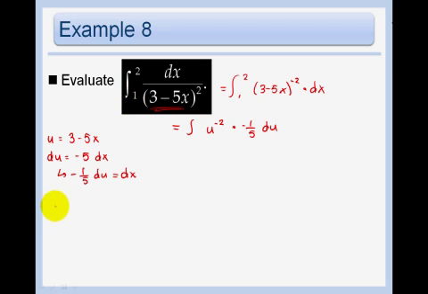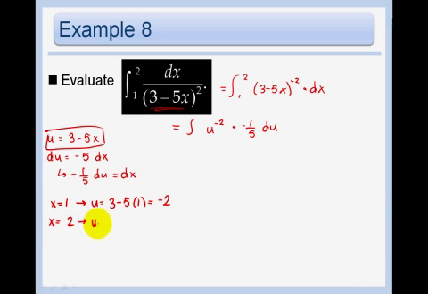When x was 1, u is 3 minus 5, negative 2. And when x is 2, what is u? Negative 7. So we're going from negative 2 to negative 7.